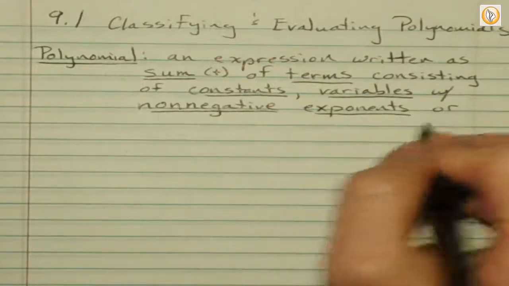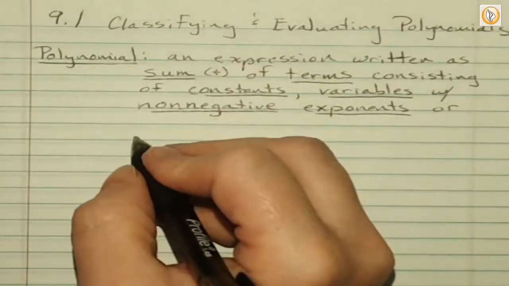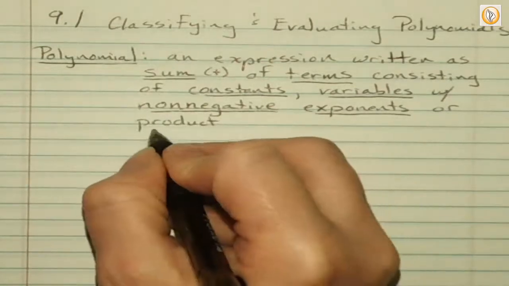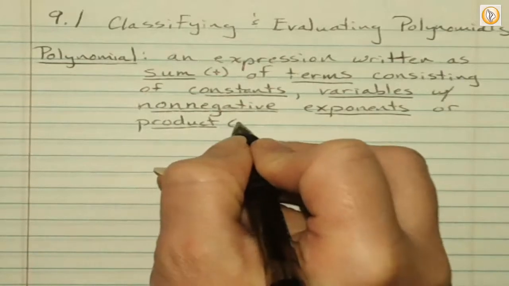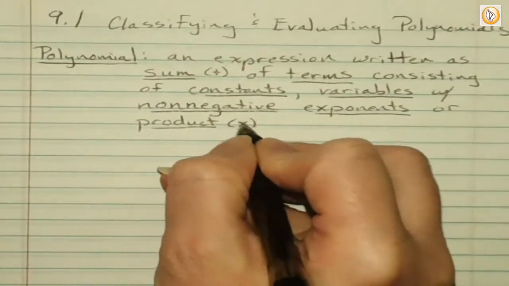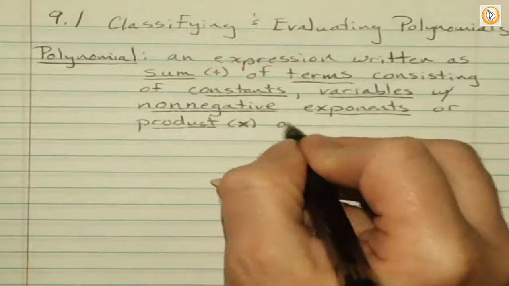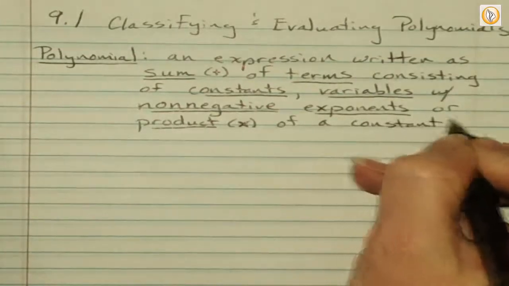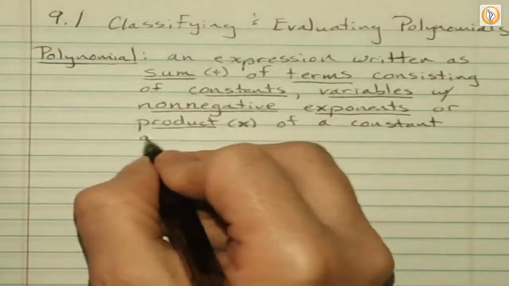Or product. What's product mean? Very good. I'm going to put an X, meaning times, of a constant. What's a constant? Numbers.